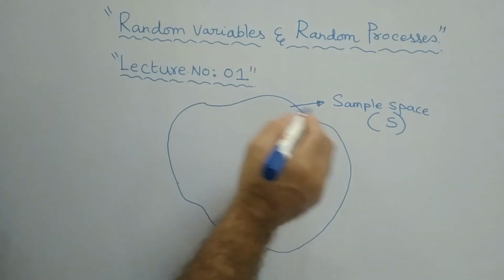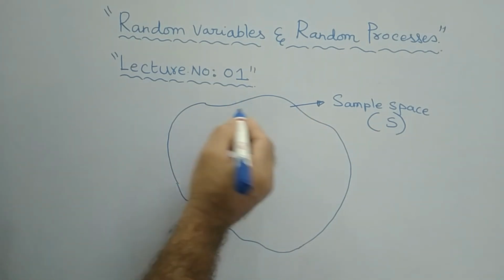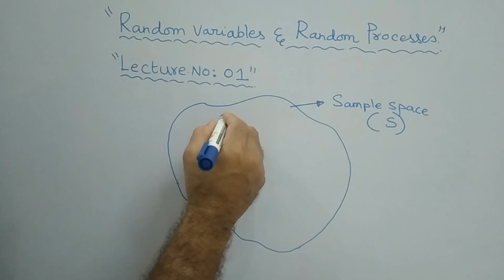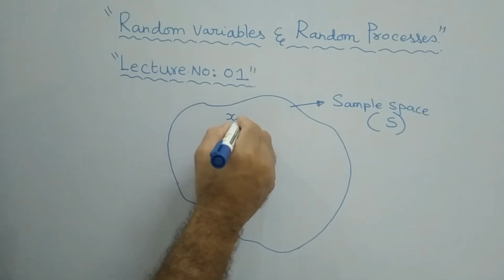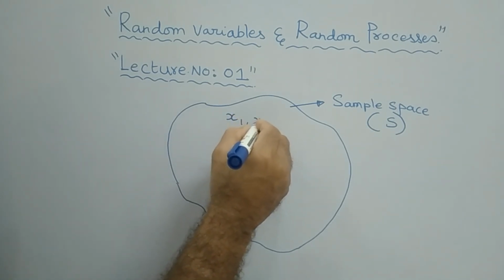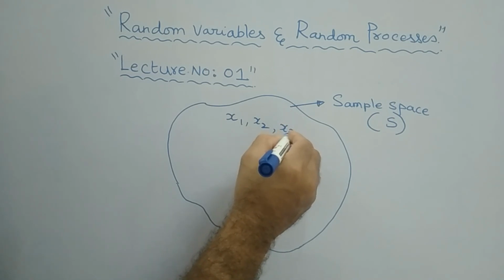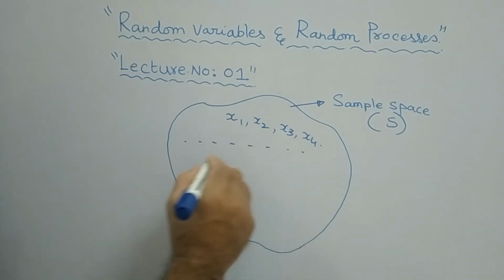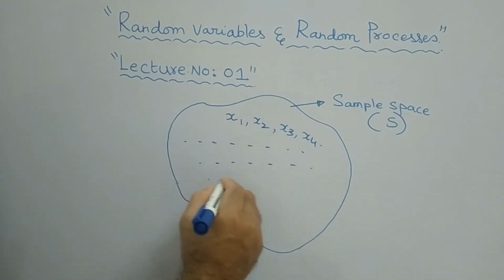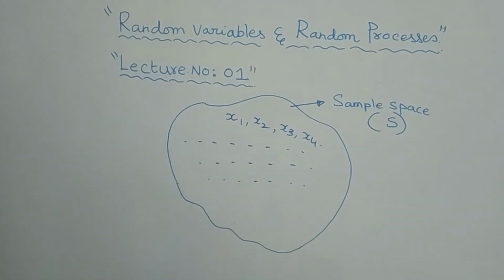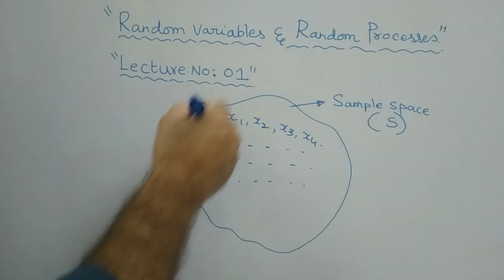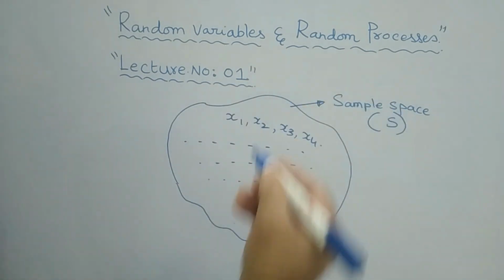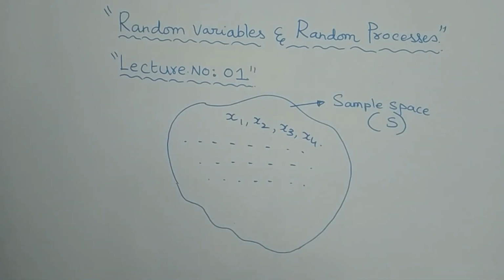For example, you can write anything, no problem. For instance, I will call them x1, x2, x3, x4 and so on and so forth. All these are the possible outcome values of that experiment, which is defined by the sample space. Understood?